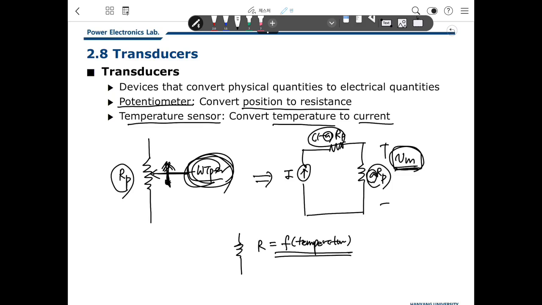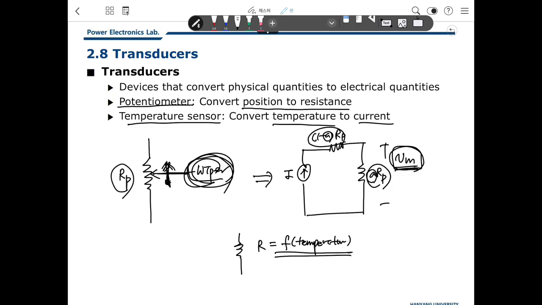In some materials, when the temperature is higher, the R value increases, and when the temperature is lower, R decreases. In the case of copper, the resistance increases by 4% for a variation of 10 degrees of temperature.